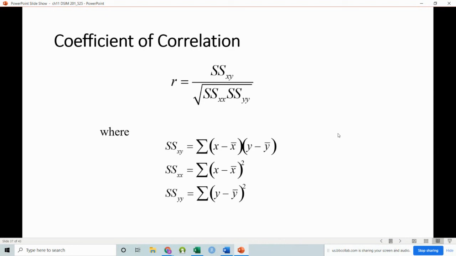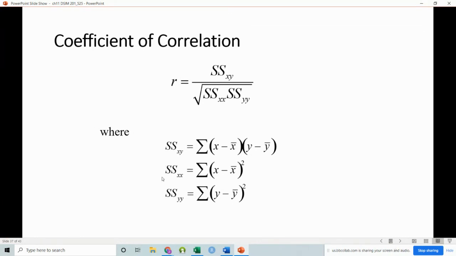To calculate r, we need to divide the sum of squares for xy by the square root of the sum of squares for each of the variables. So we find that by taking each x value from its x bar, the mean, and each y value from the y bar, the mean, to get the sum of squares xy, which we already have from when we calculated the things we need for beta 1.